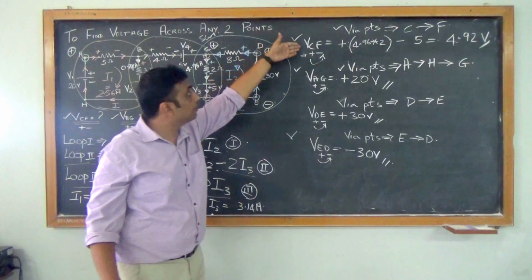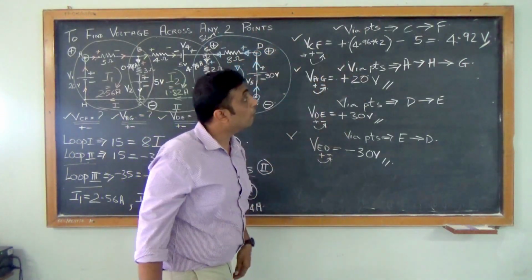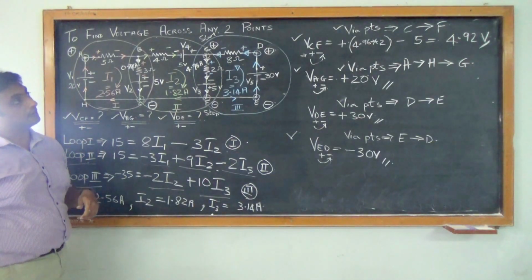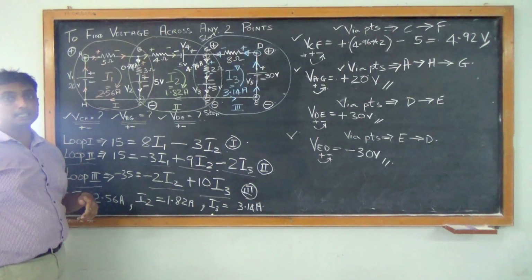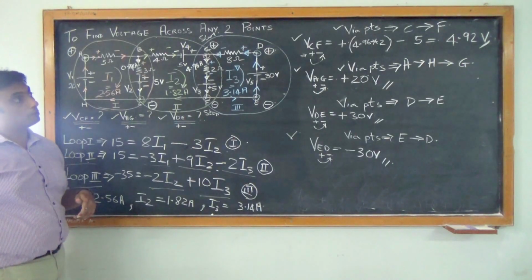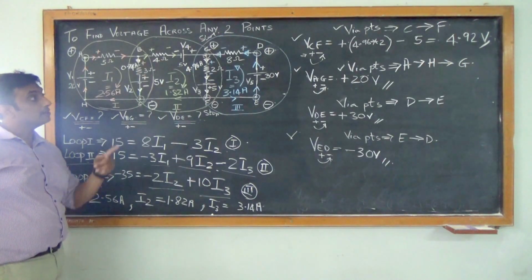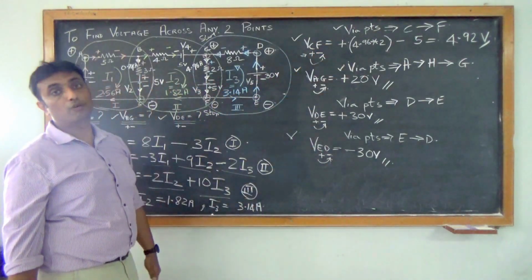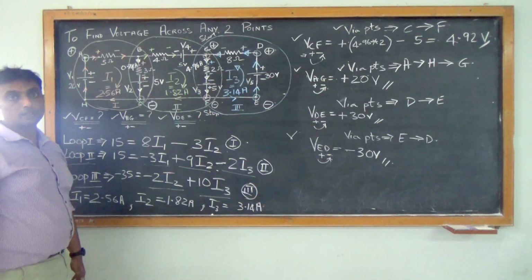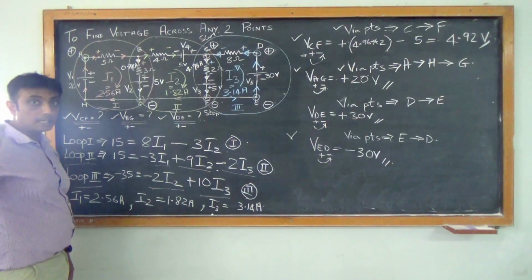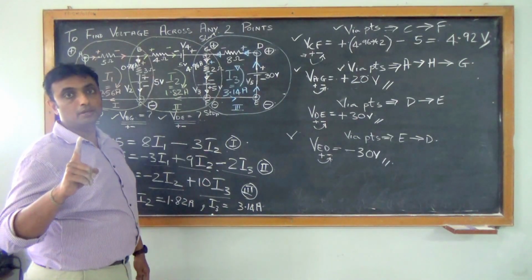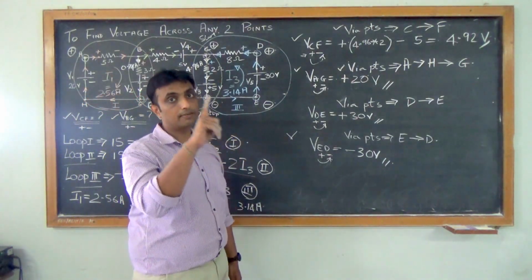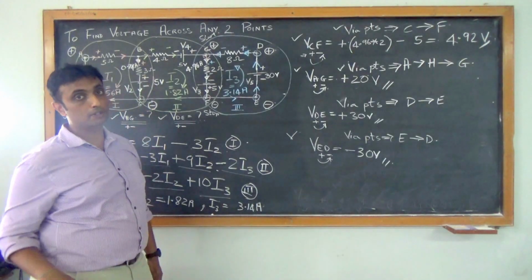If you find the value of VCF, which is 4.92 volts, which was our first voltage that we had to find across terminals C and F, that means VFC is minus 4.92. When you are interchanging the terminals, the magnitudes will remain the same, only the polarities will change. Your positive will become negative and negative will become positive.